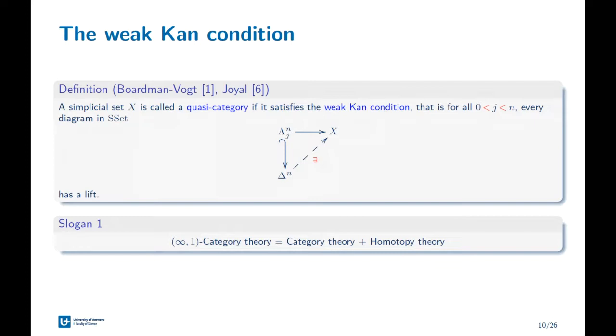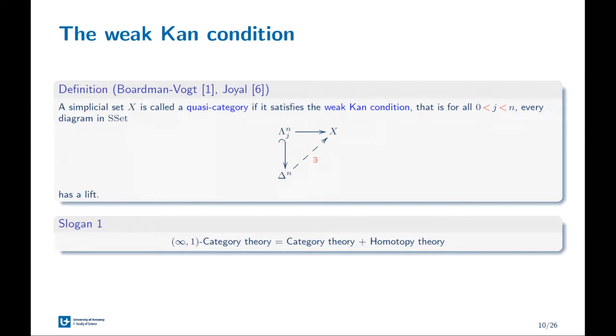It subsumes these two influences, the category aspect and the homotopy aspect. And this is why we have the following slogan, the first slogan of the day, which says that infinity-one category theory is like the union, or the sum if you will, of ordinary category theory and homotopy theory. So it's really baked into the definition, if you will.